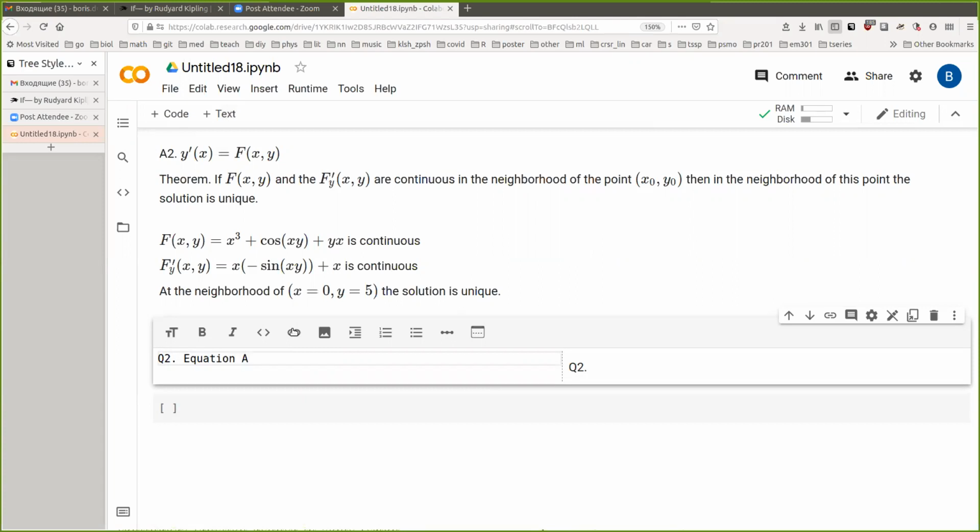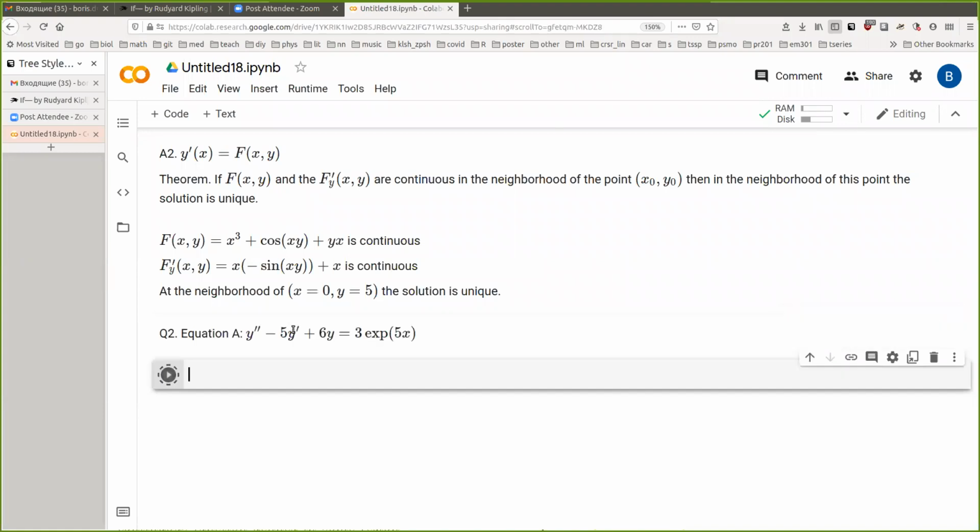Equation A will be y prime prime minus 5y prime plus 6y equals 3 exponent of 5x. That will be the first equation.